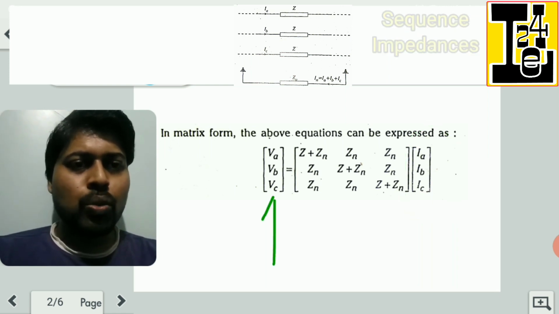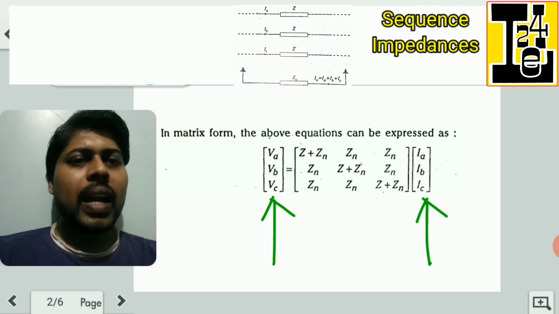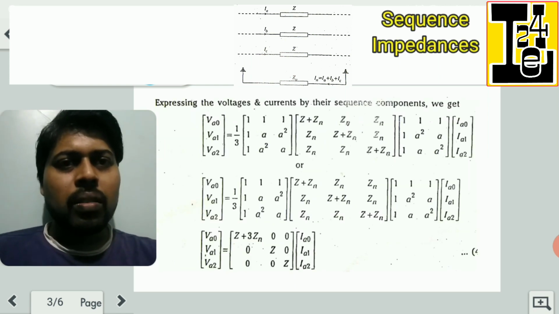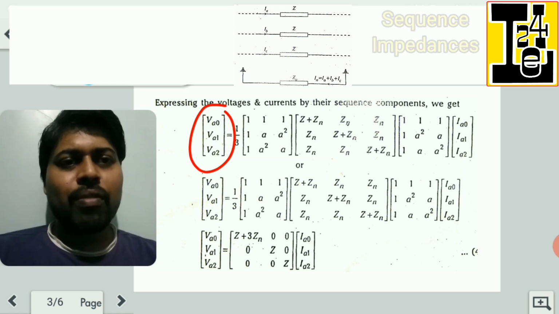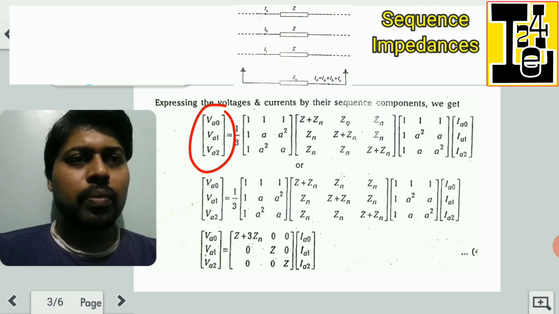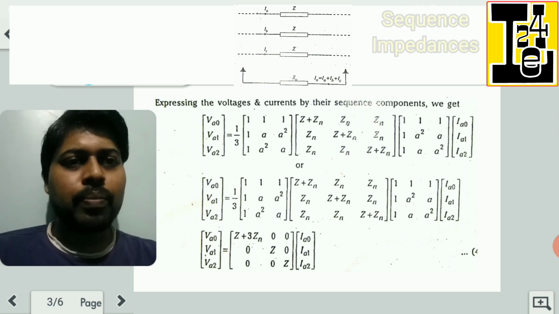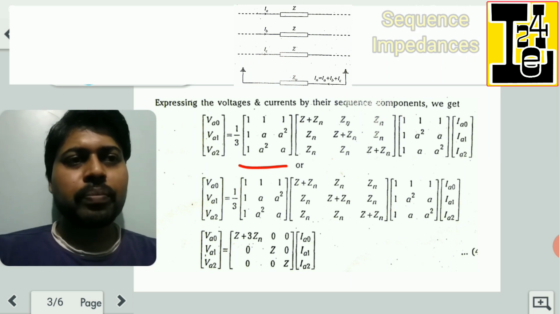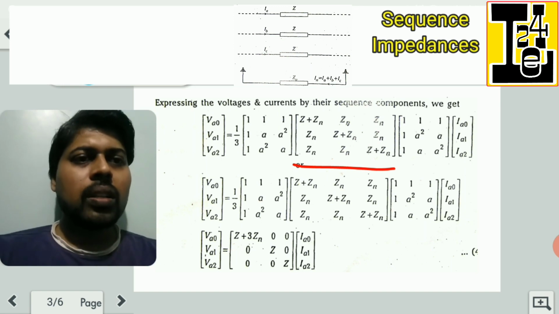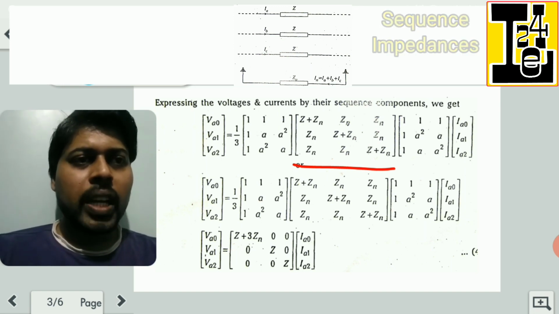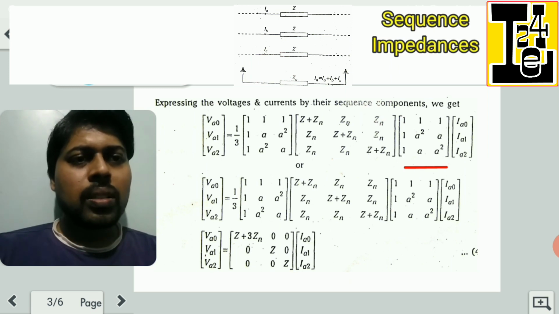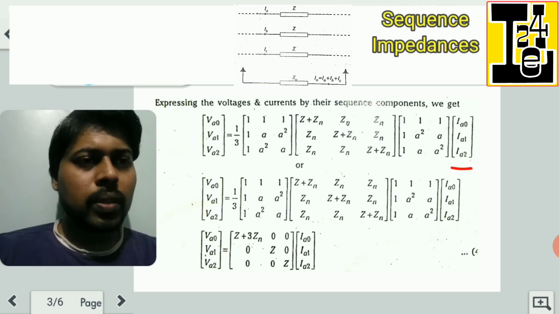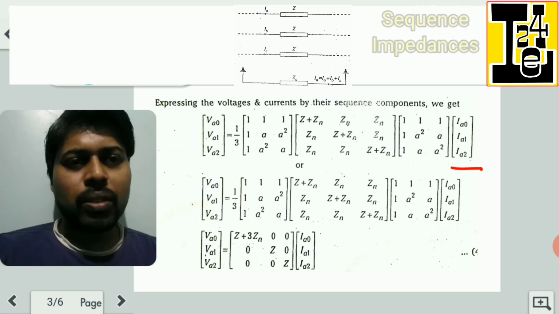Further, when we substitute in this place and take the sequence voltages at the LHS side, we will get VA0, VA1, VA2 equals 1 by 3 into a 3 by 3 matrix 1 1 1, 1 a square a, 1 a a square, into another 3 by 3 matrix 1 1 1, 1 a square a, 1 a a square, into the sequence currents column matrix.